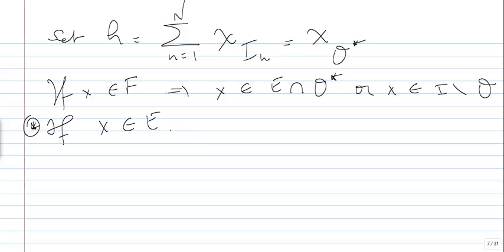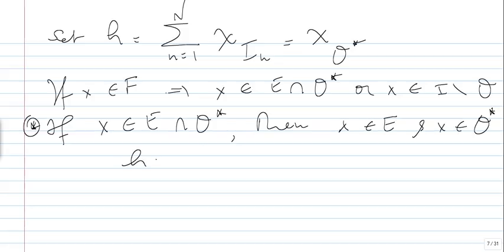First case, if x belongs to E intersect O star, then x belongs to E and x belongs to O star. So h of x, which is the characteristic function of O star of x, is going to be 1.